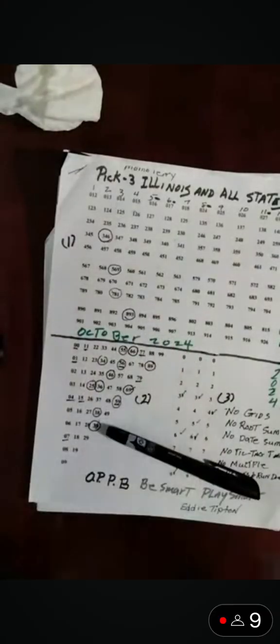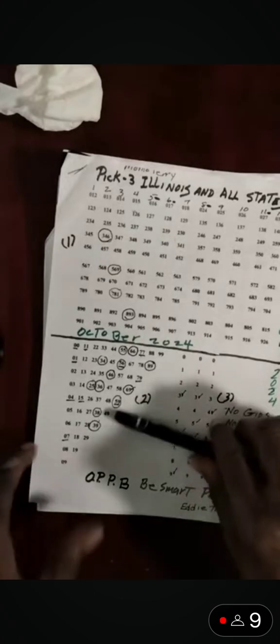Okay? Now, you'll know at a glance. So let me show you. You know that 871, this 871 here, and any of these numbers can come 6 different ways because they're singles. This 871 can come as 817.